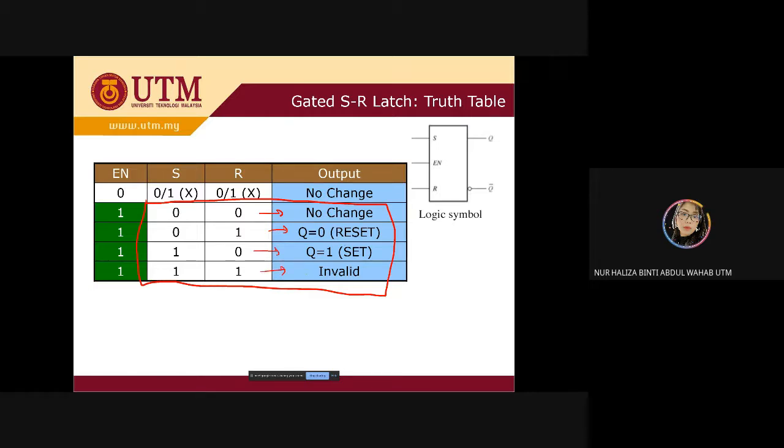And 1, 1 is invalid, although it is a gated latch. But this is when EN is 1. For EN is 0, nothing happens, which is no change. It is not that your wave stops. Your wave is still continuing, but it is no change, although you said that it is off.